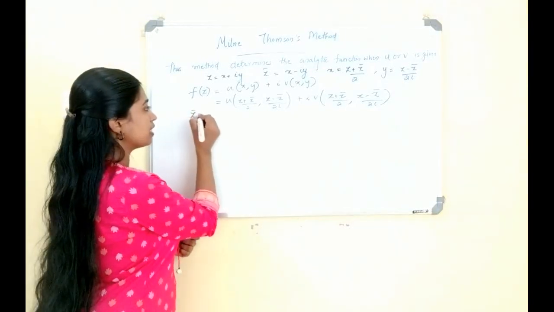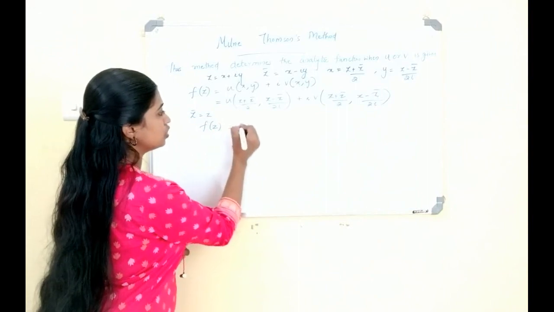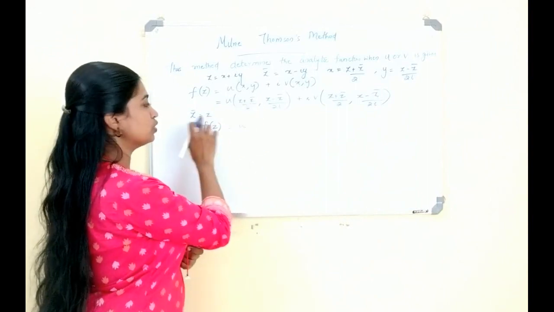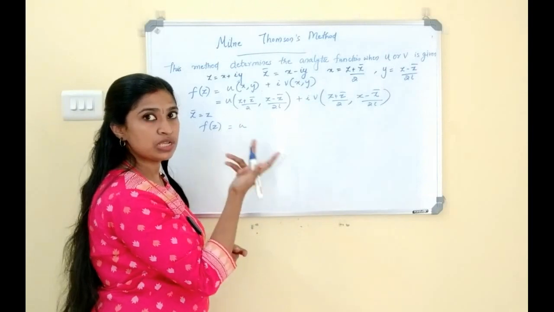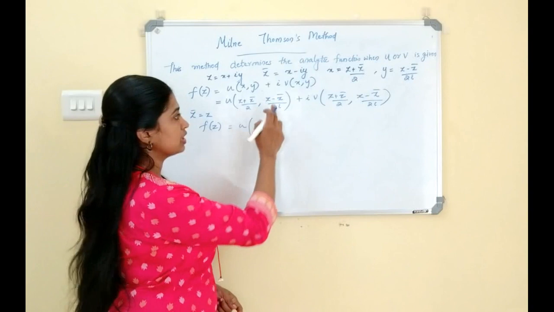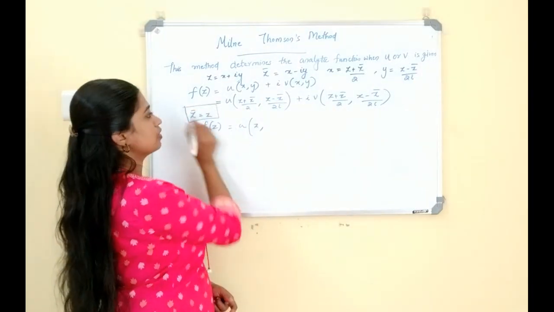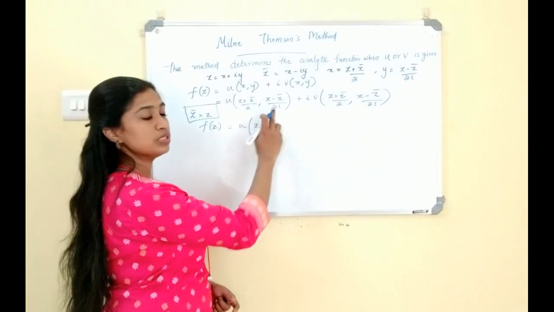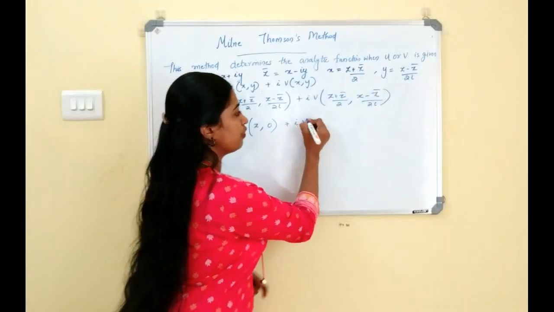Substituting z bar equal to z, we get the function f of z as u of z plus z by 2, which is 2z by 2, equal to z, and z minus z by 2 is 0, plus i into v of z, 0.